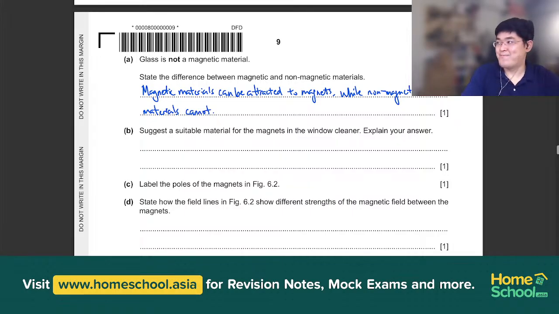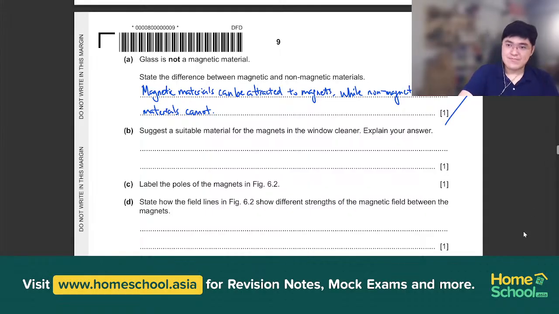And just like that, right, 1 mark. All right. So there are actually a few more options for this. For example, magnetic materials experience a force in magnetic fields, and non-magnetic materials don't experience a force in the magnetic field, right? So this is another answer for that. So as long as you write either of these answers, you should get your full 1 mark.